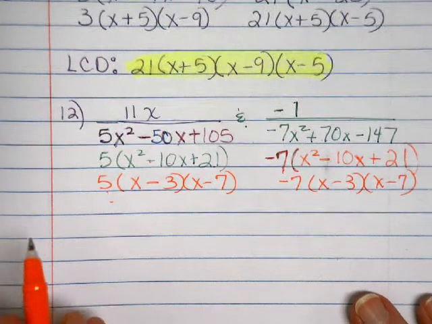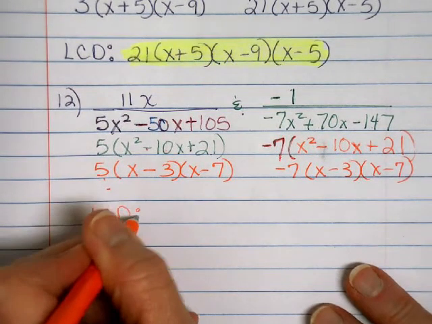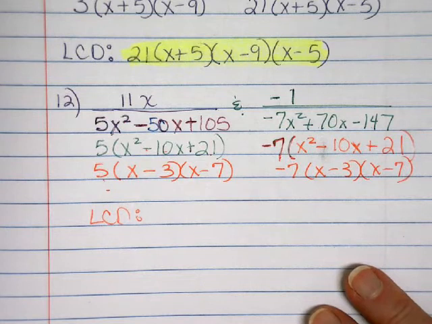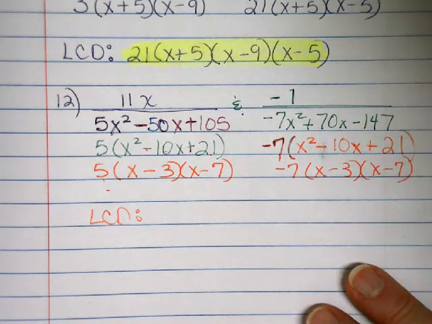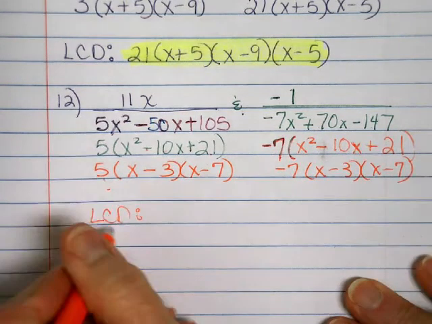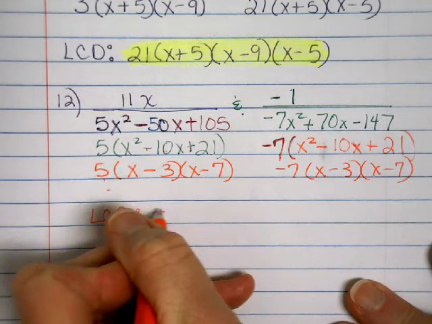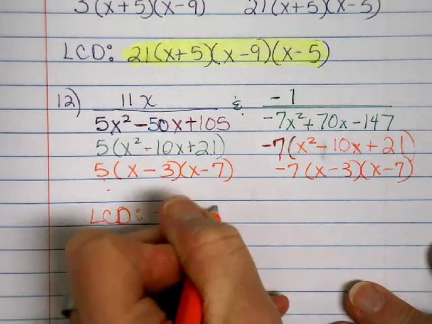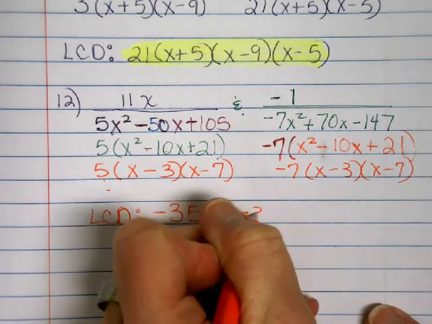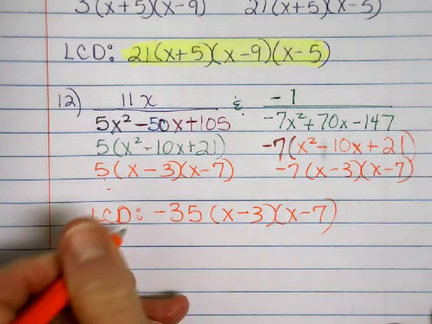And I see, multiply 5 and negative 7, they have nothing in common. So my LCD, well, that one worked for a minute. It's 5 times a negative 7, and then the two binomials.